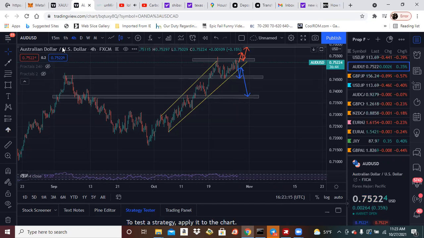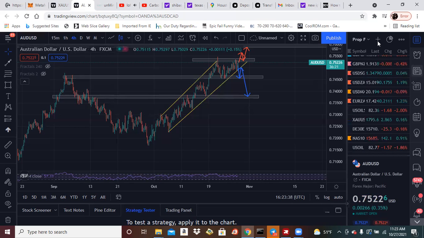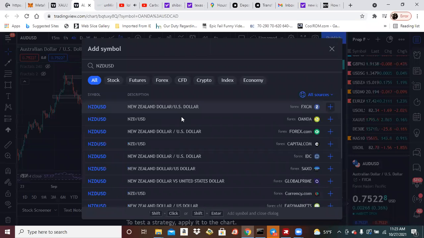So if you're looking at NZD CAD and you're thinking that NZD CAD is going to be bearish, but the New Zealand dollar is bullish, you might want to step back. Your major pairs, they're major for a reason. They're the major currency. So if the New Zealand dollar is bullish, let's look at it.